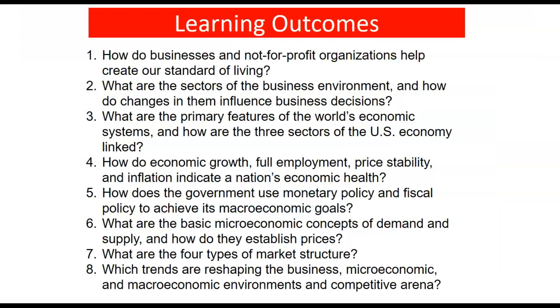So what is this chapter all about? What we're going to be talking about is how nonprofit and for-profit businesses work, what the environments of business are. We're going to be talking about the economic systems in the world and how they work. So we're talking about capitalism, communism, and even socialism. We're also going to be talking about different types of economic growth plus recessions. People have this idea that a recession is the end of the world.